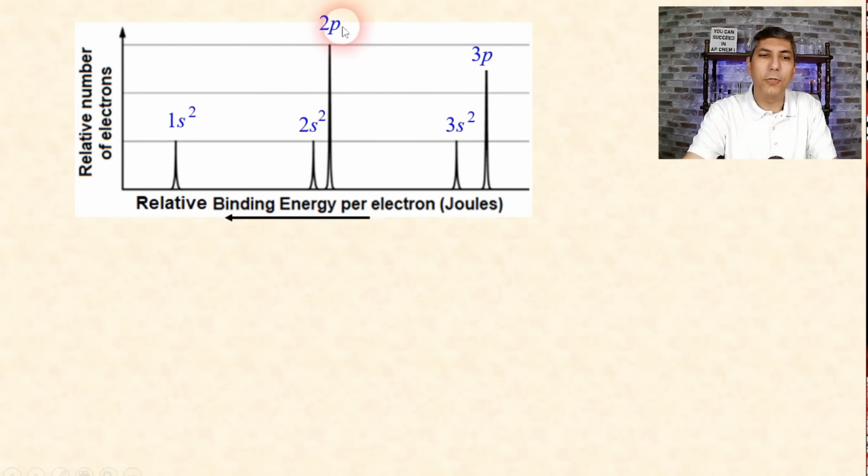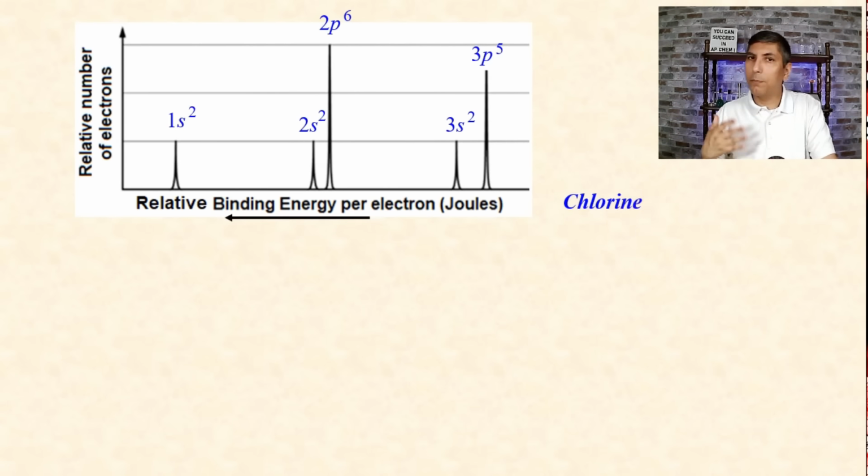So that tells me that this is 2p6. And this 3p peak is more than twice as high, but not quite 3 times as high as the S peak. So that tells me that it has 5 electrons. So it ends with 3p5. So if I think about the electron configuration for this, this tells me that this is the PES diagram for chlorine.